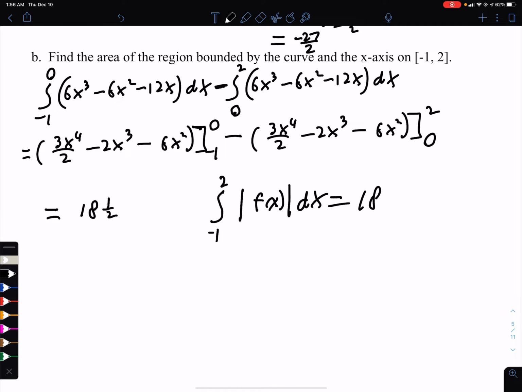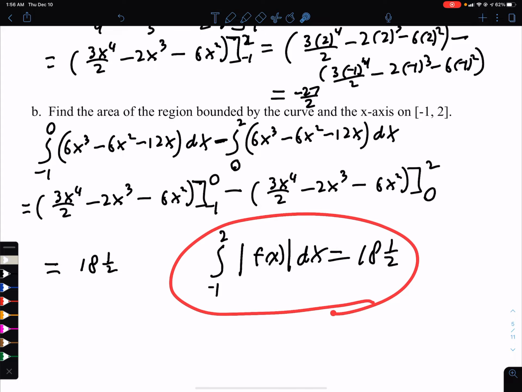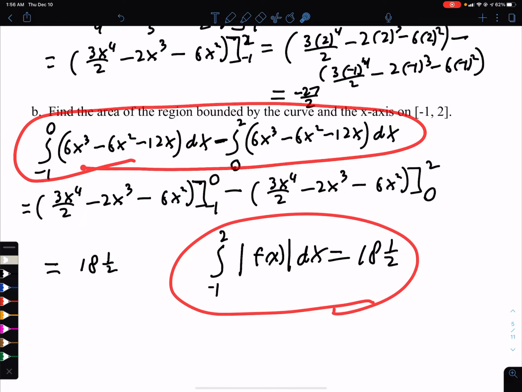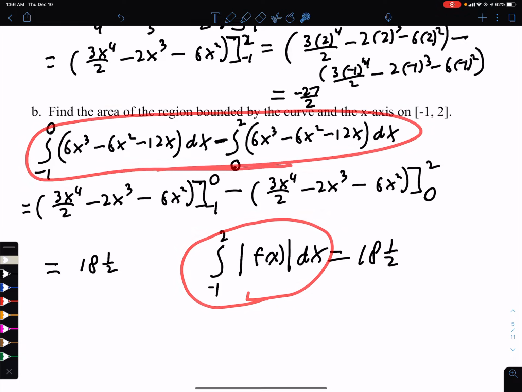Equals 18 and 1/2. So this is equivalent to this. Because what does the absolute value do? It takes something negative and makes it positive by taking the opposite of it. So this is the notation you could write that represents that.